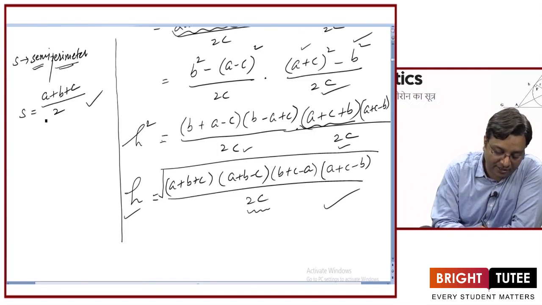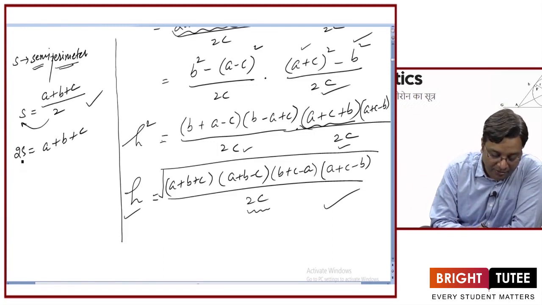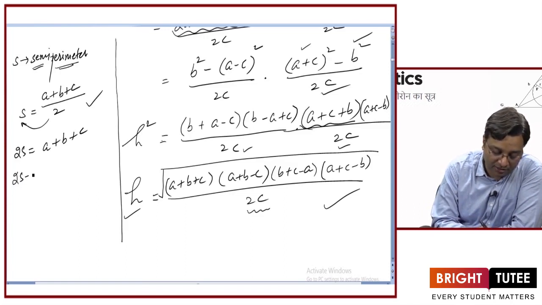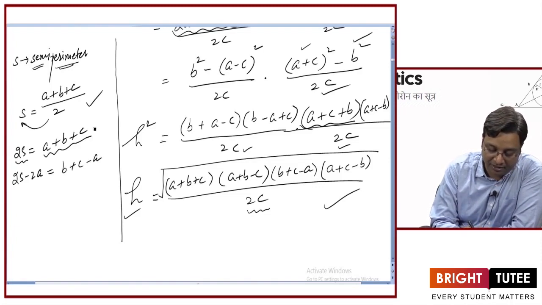Second thing, if I multiply this by 2, 2S will be equal to a plus b plus c. Now, if I subtract 2a from both sides, 2S minus 2a will be equal to b plus c minus a. Let this be equation number 1.